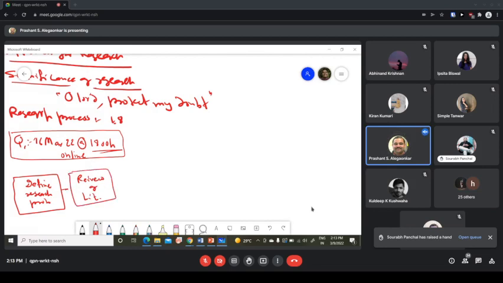Once you review it, then you have to formulate hypothesis, and once you have hypothesis formulation, then you have to design your research.